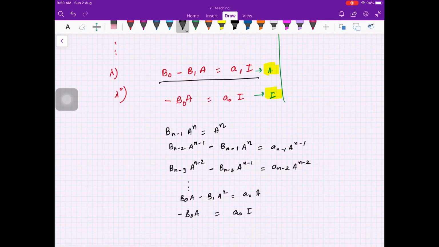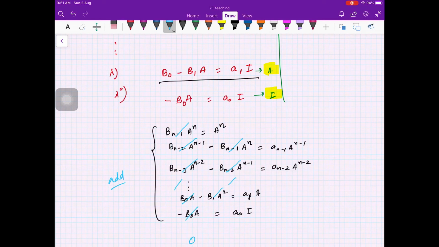Now can you see, if you add, what will happen? This term will be cancelled with this term. This particular term here will be cancelled with this term, right? And this term with this term, this term with this term.